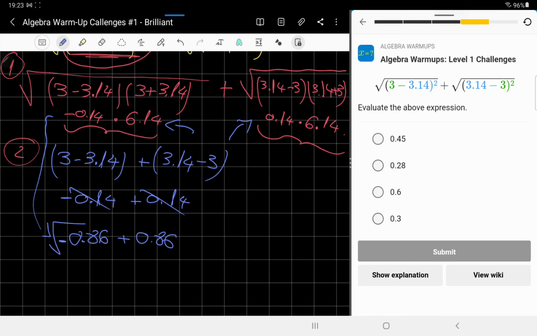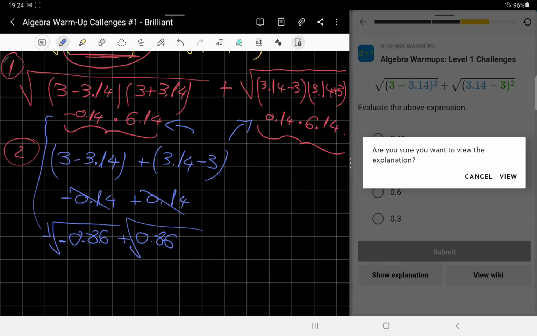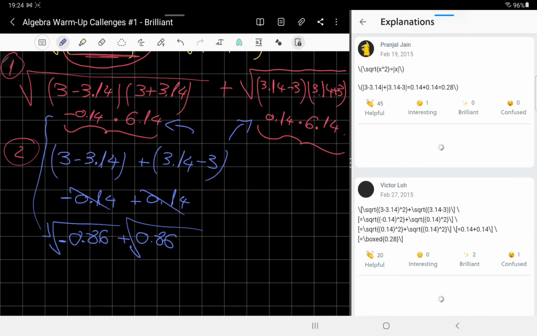But in this case we have the square root of something negative times the square root of something positive. So what would the square root of minus 86 be? So minus 86, interesting. So let's look into the explanation over here. It kind of got me lost.